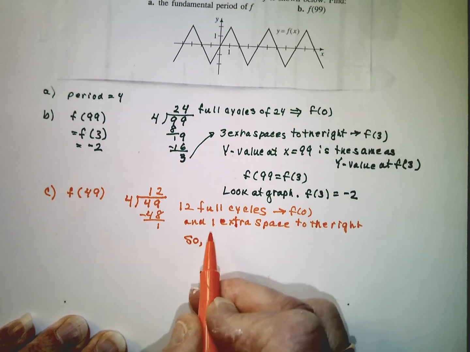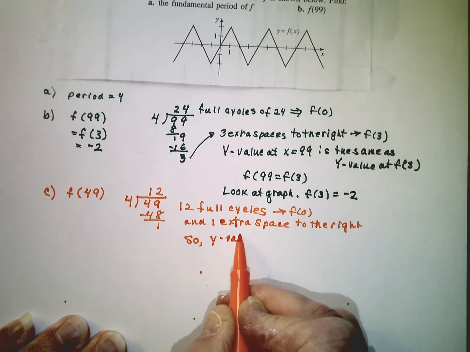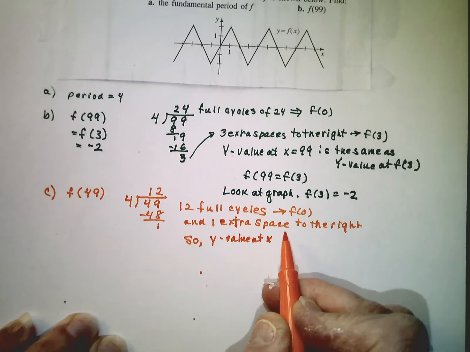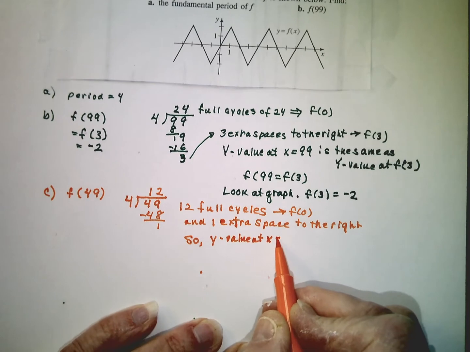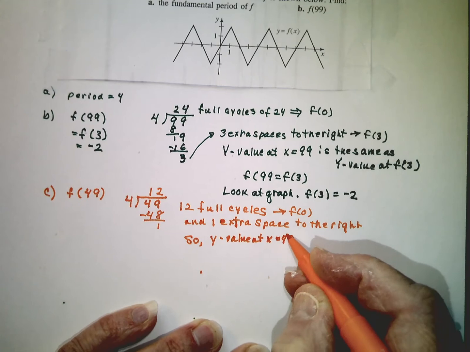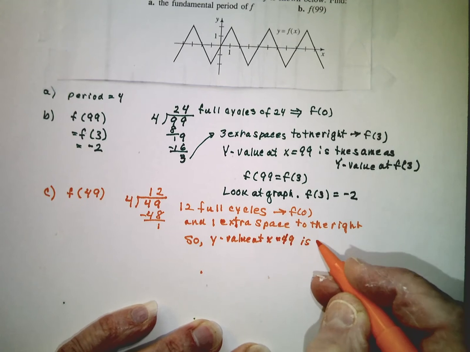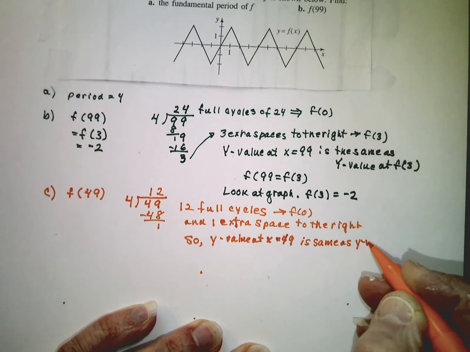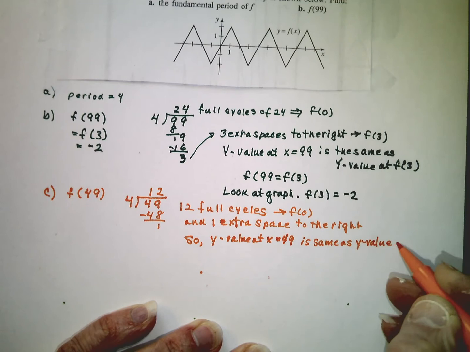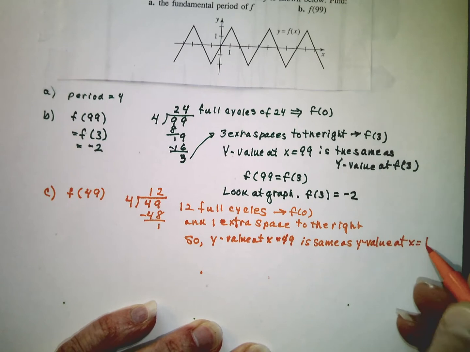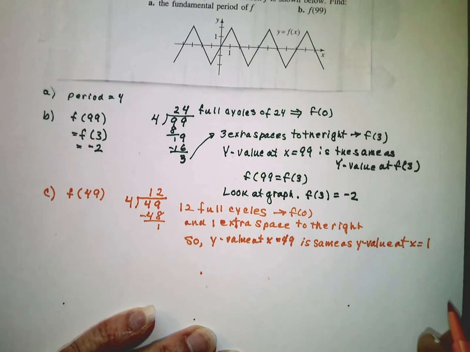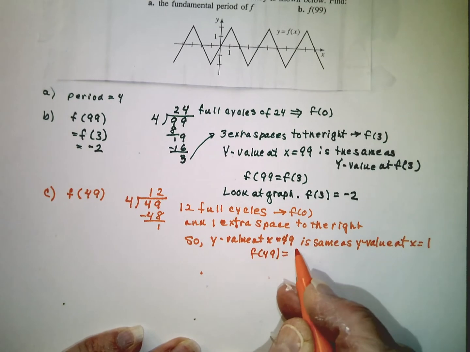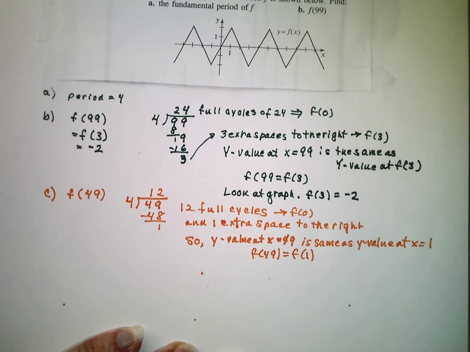So the y value at x equals 49 is the same as the y value at x equals 1. Function value for 49 is the same as the function value for 1.